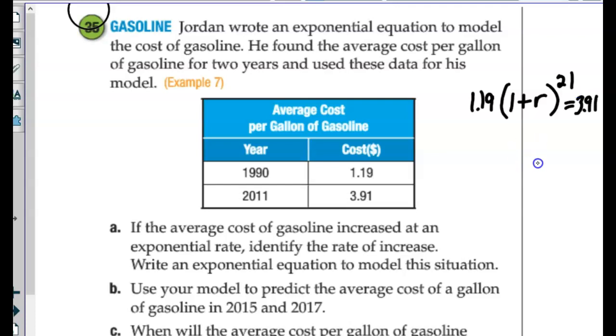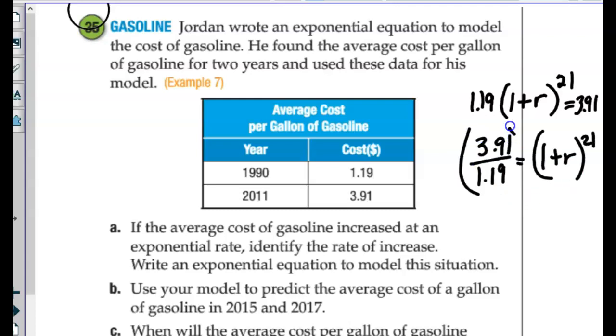So we got to work backwards and find R. Is this what you did? Yeah. 391 over 119. Yeah, I gotcha. So then we'd have to go to the 1 over 21 power, right? To get rid of that. And then we'd subtract 1.